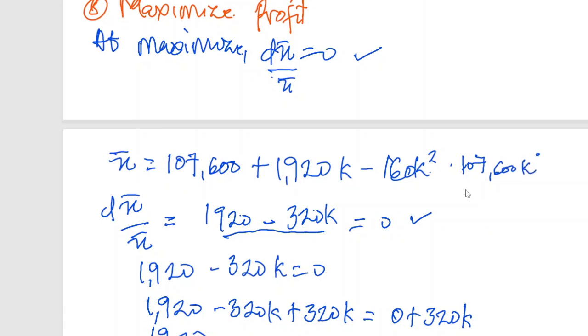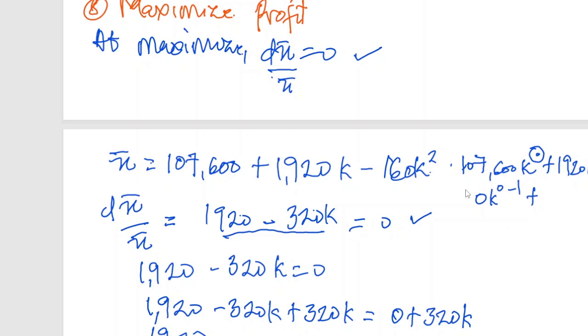Plus 1,920K minus 160K square. In this case, the 0 here will come and multiply the 107,600, so 0 times 107,600 is 0, K to the power 0 minus 1.